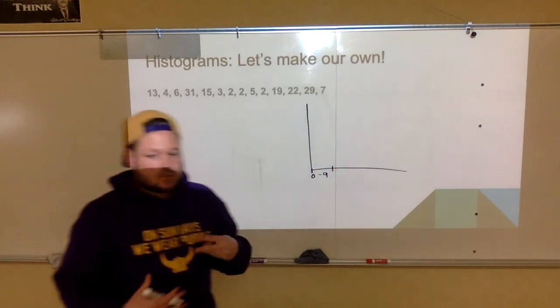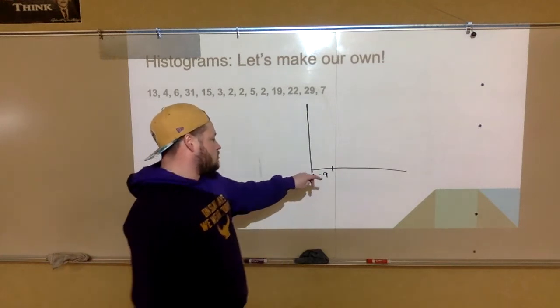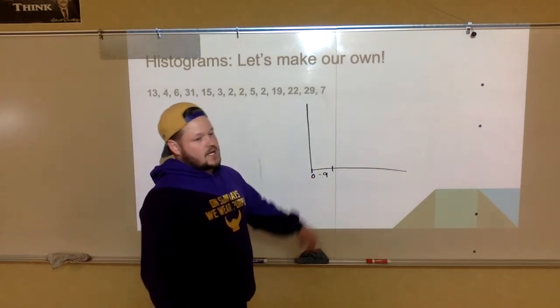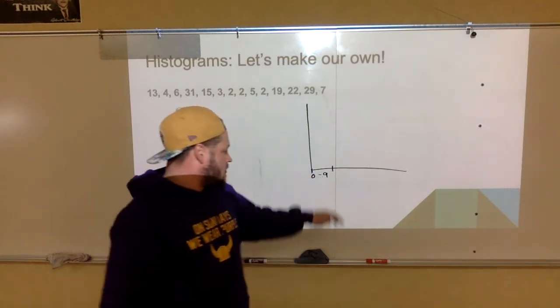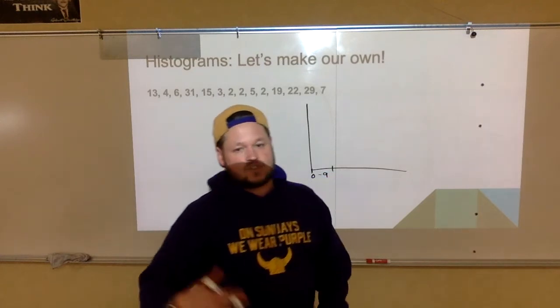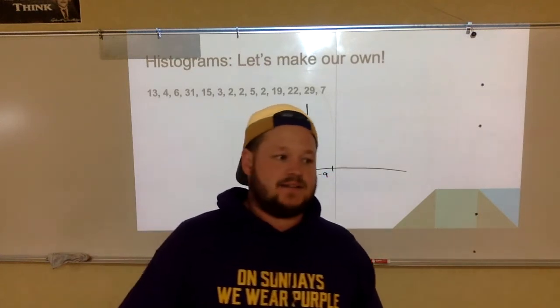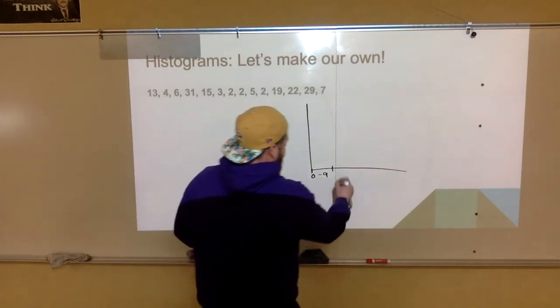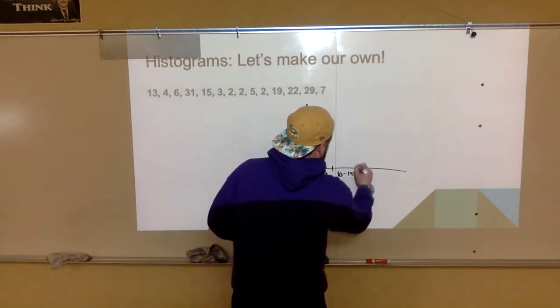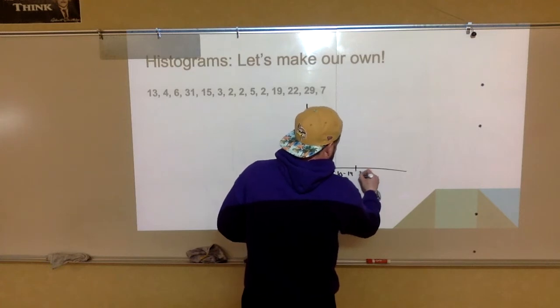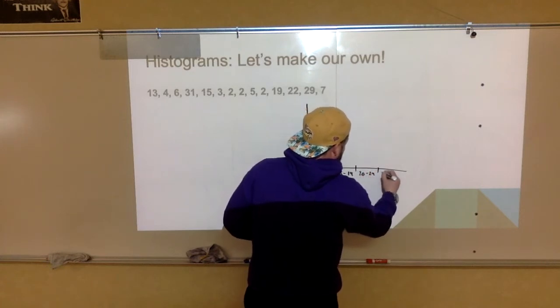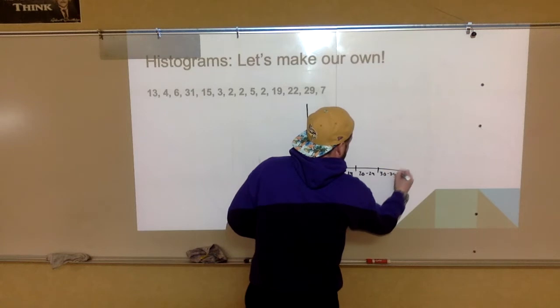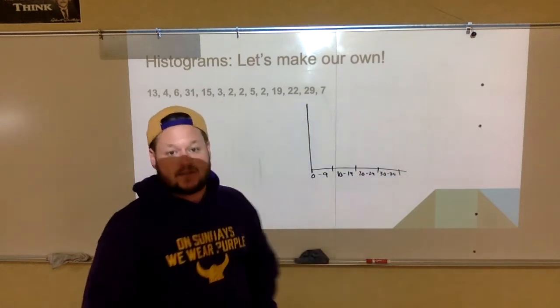And it is extremely important that if you label this as 0 to 9, every other range of numbers needs to be the exact same amount. So if I go 0 to 9 here, then this should be 10 to 19, and this should be 20 to 29, and this is 30 to 39, and we can stop there because we don't have anything past that anyway.